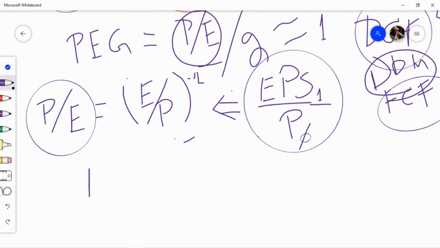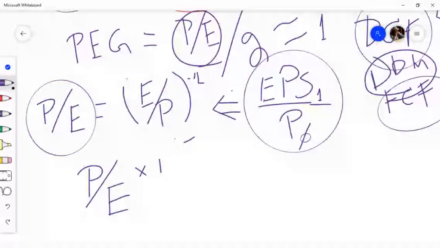If you multiply the price earnings ratio by earnings per share, what's going to happen? If you multiply the price earnings ratio by earnings per share, what should happen? Can anybody tell me?